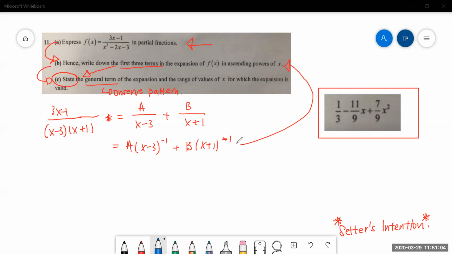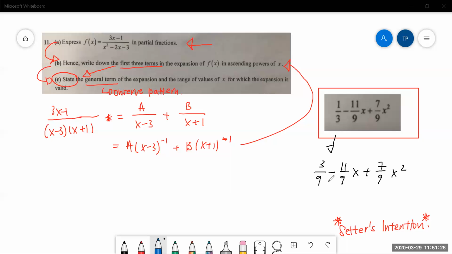So we have to find something. So 1/3, maybe I want to put it into 3/9 minus 11/9x plus 7/9x squared. Okay.